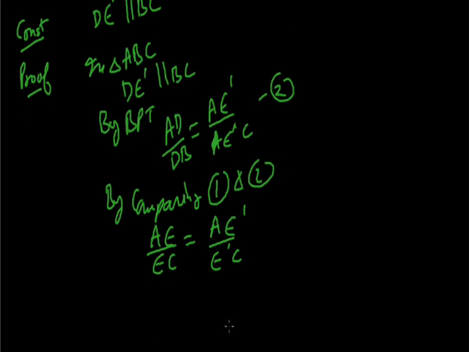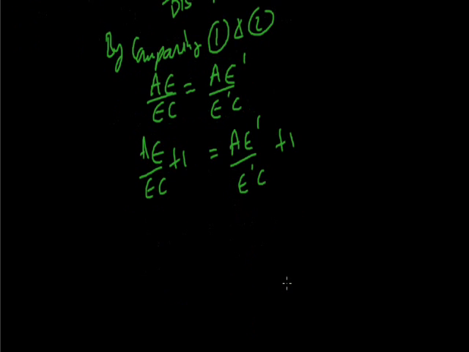Now we add 1 on both sides. AE upon EC plus 1 is equal to AE dash upon E dash C plus 1. Now we take the LCMs. EC is the LCM on the left, and in the numerator we get AE plus EC.